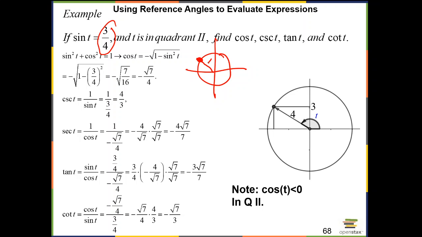So this is 1, and the y-coordinate of this point is 3/4. You can think of it this way, or in terms of r being 4. So if r is 4, then y has to be 3, right? That's how sine ended up being 3 over 4. So you can either think of it this way or this way.